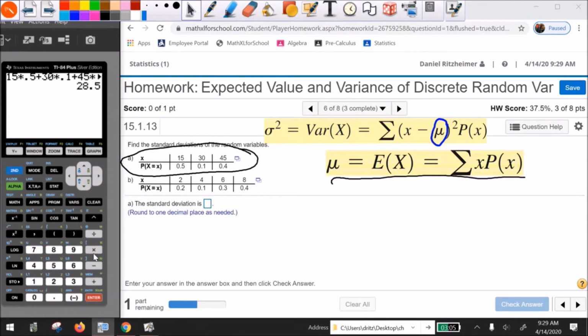Got my expected value, 28.5, and now I have to plug that into my variance formula.